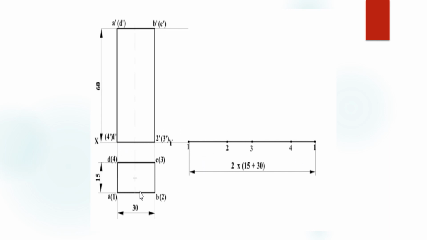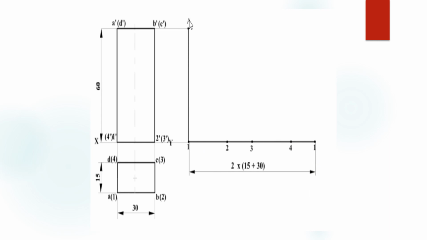Because the total number of sides in the rectangular prism is 4. The starting point is 1, and 1 to 2 distance is 30 mm. And again 2 to 3 distance is 15 mm, and 3 to 4 is 30 mm and again 4 to 1 is 15 mm. So altogether 1 to 1 distance is 90 mm.